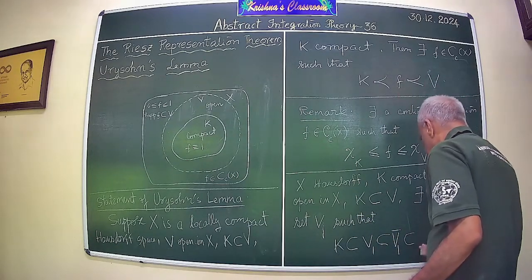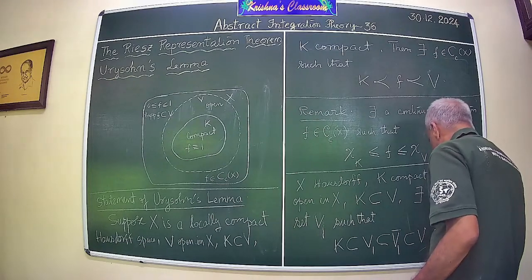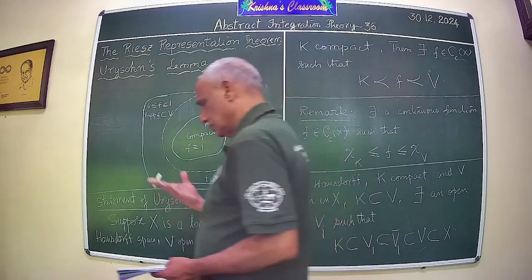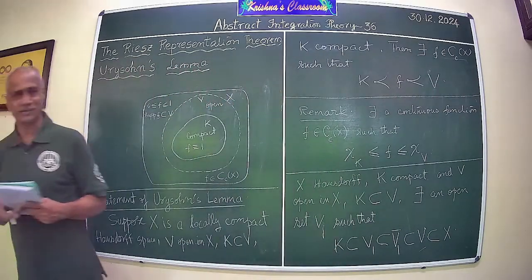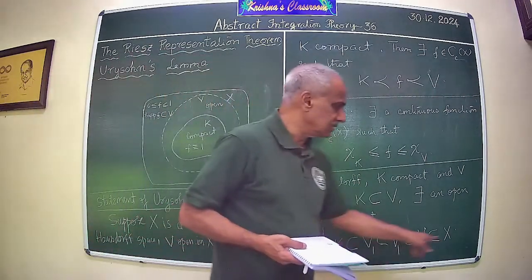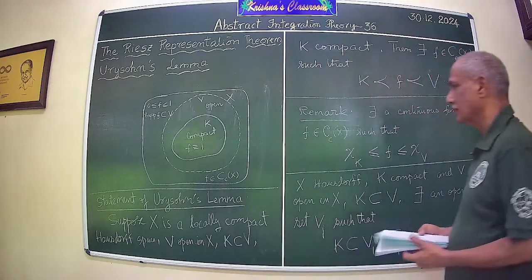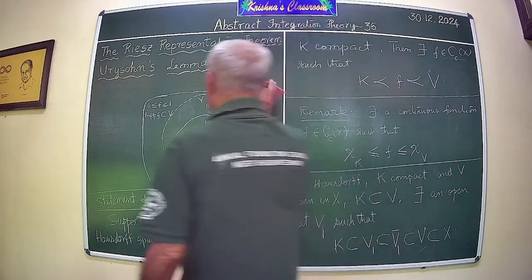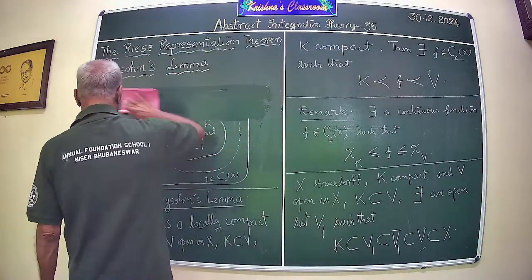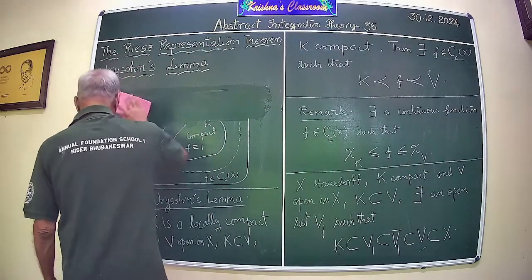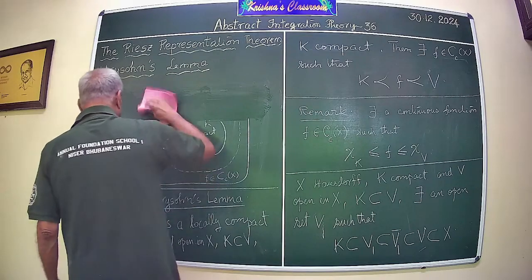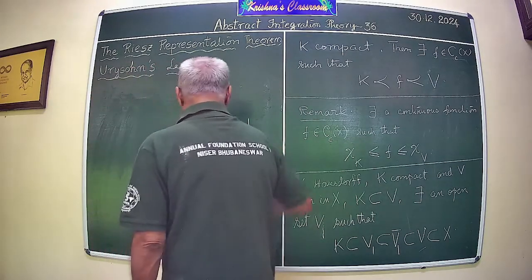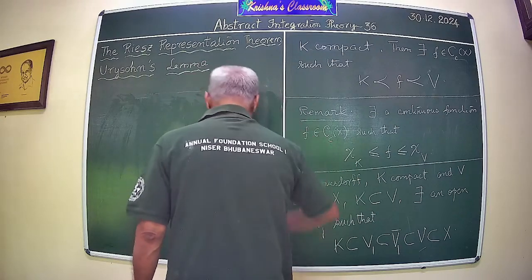In fact, that means you can have another open set with this property. We'll try to understand this statement. Now this we have already. The repeated use of this result would come in the proof of the theorem.